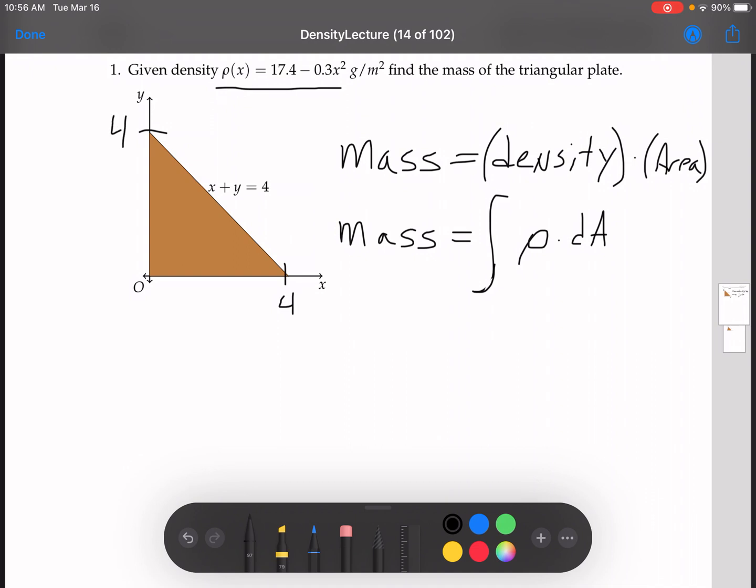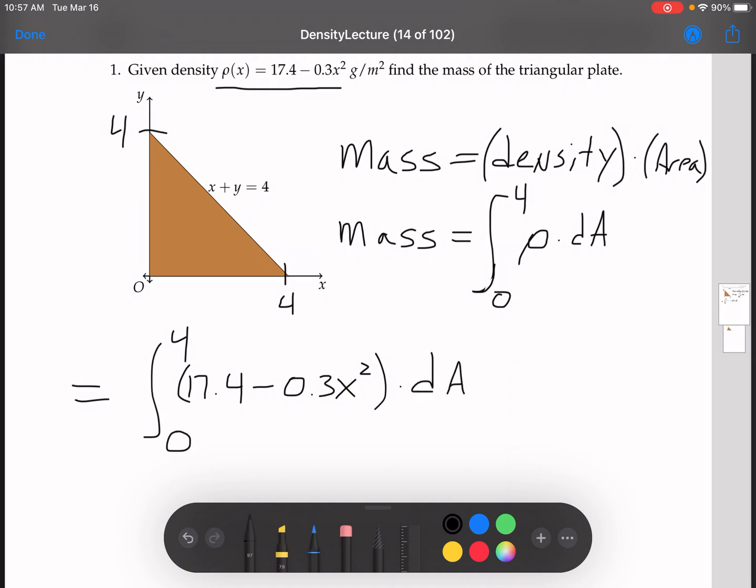So we're integrating from x equals 0 to x equals 4, so our mass is equal to the integral from 0 to 4. We'll just put in our density function, 17.4 minus 0.3x squared, times dA.